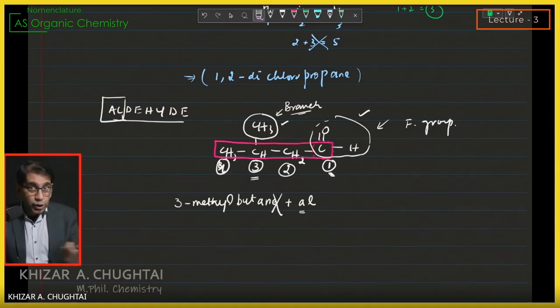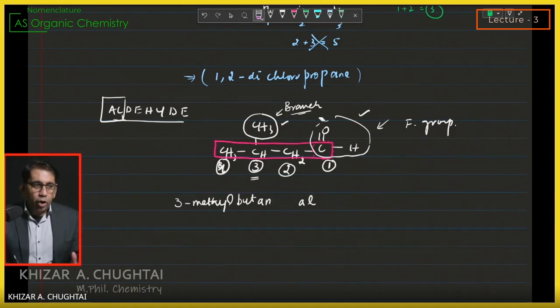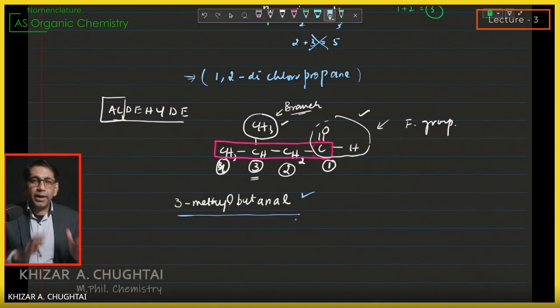So it's understood in normal molecules, in molecules given at your level of chemistry, the functional group of aldehyde, the functional group of carboxylic acid, is always taken as 1. So there is no need to mention the position of the functional group. Now, you will write butanal. So this is the complete name. The name of this compound is 3-methylbutanal.